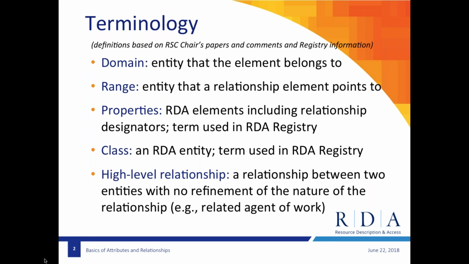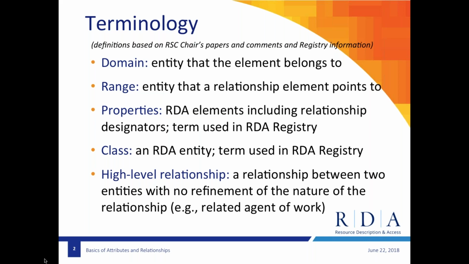Properties is the set of RDA elements, including relationship designators, as they're found in the RDA registry. So when you go to the RDA registry, if you look closely, you'll see the word elements used, but the elements are listed as work properties. Class is also registry terminology for an RDA entity.